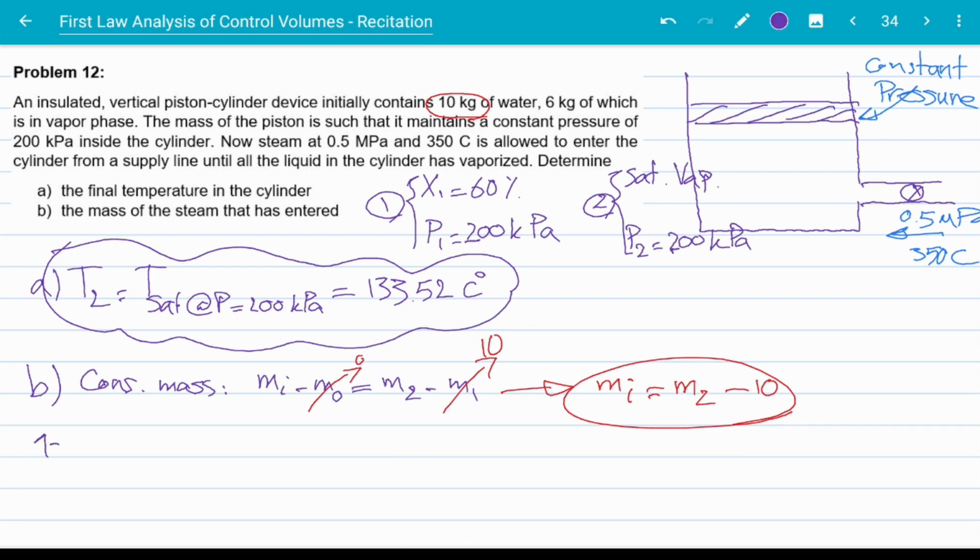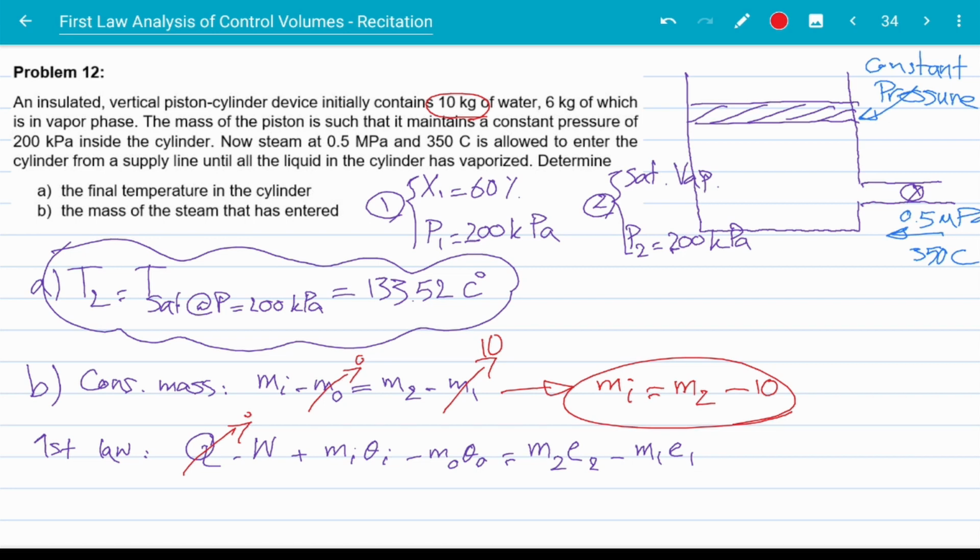Now we can go to the first law. Q net minus W net plus everything the flow brings in minus everything the flow takes out is equal to change of energy of our control volume. The system is insulated, so no Q. How about work?